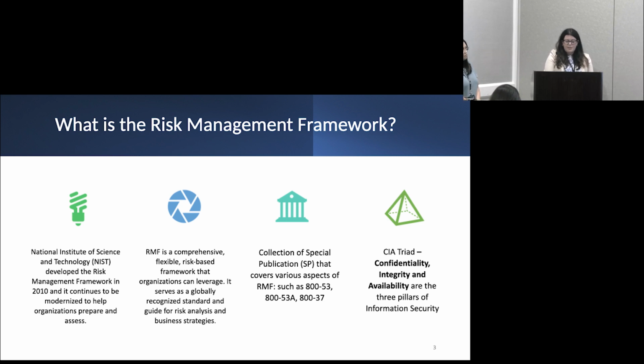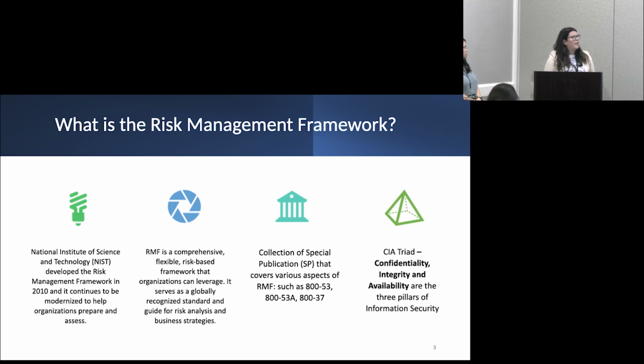It's a comprehensive risk-based framework comprised of 7 steps: prepare, categorize, select, implement, assess, which we'll mainly focus on, authorize, and finally continuous monitoring. And it's a cyclical process.